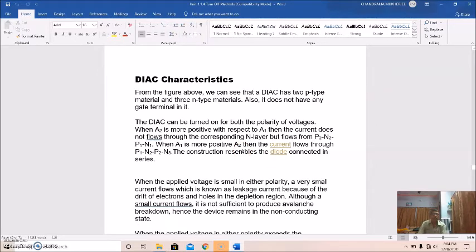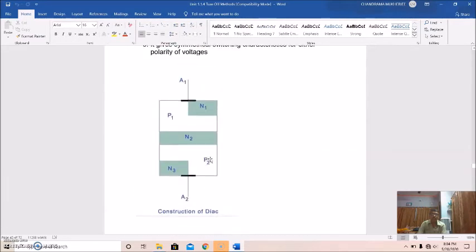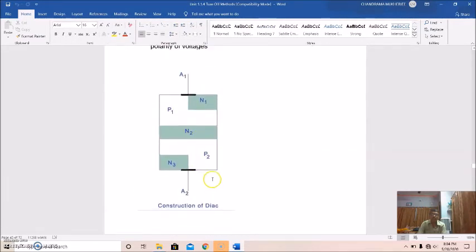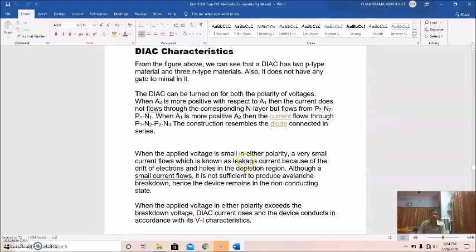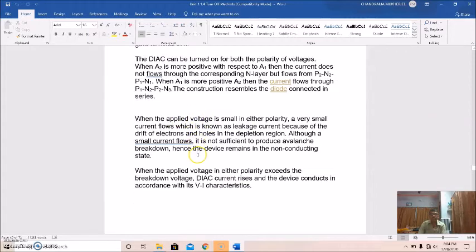When N1 is more positive, then current flows through P1, N2, P2, N3. This way, the construction resembles diodes connected in series.